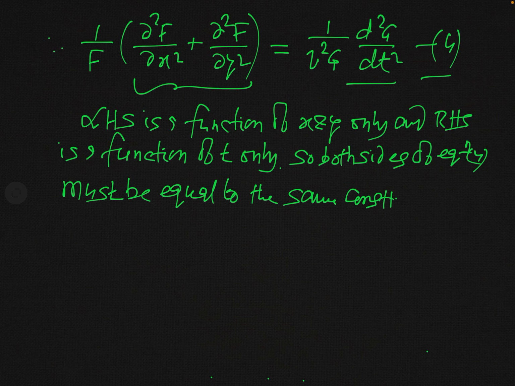And in the solution of the one-dimensional wave equation, you have seen that we have considered 3 values of the separation constant. Those 3 values were, first 0, second positive, and third negative. But you have seen that the 0 value and the positive value of the separation constant do not give the solution of the wave equation.